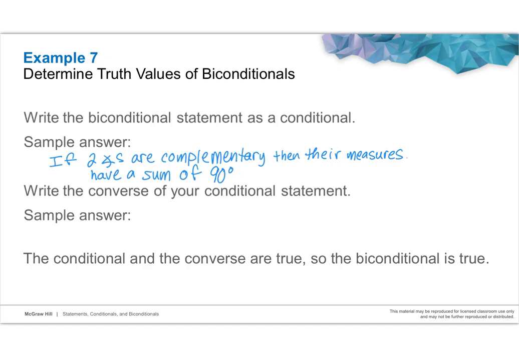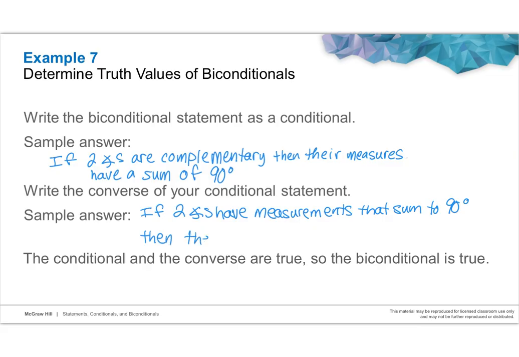So now the converse, we'll turn it around and we will say if two angles have measurements that sum to 90 degrees, then they are complementary.